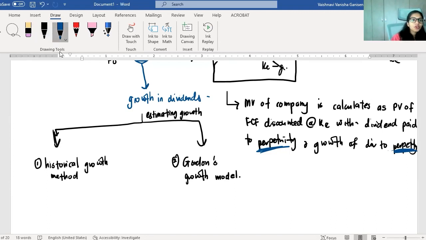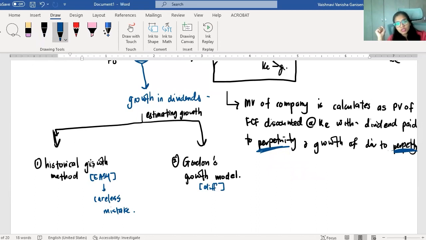For your information, normally the historical growth model is the easy one. This is easy peasy, I'm not lying. The only problem is that students normally make careless mistakes. The Gordon's growth model is a little bit more difficult. Students don't normally like it, but if you have the correct technique and correct understanding, I believe this will be no issue at all.